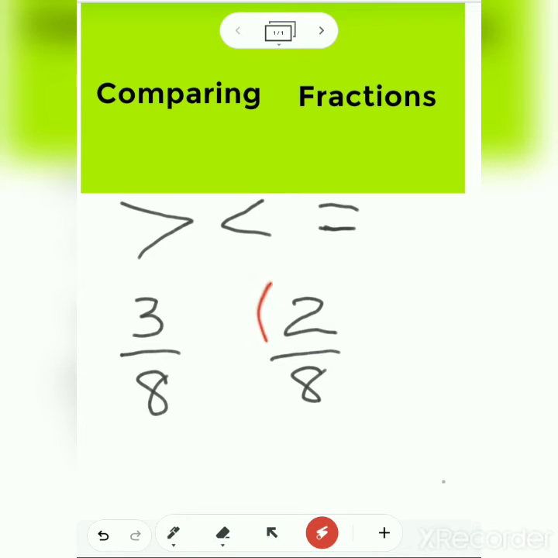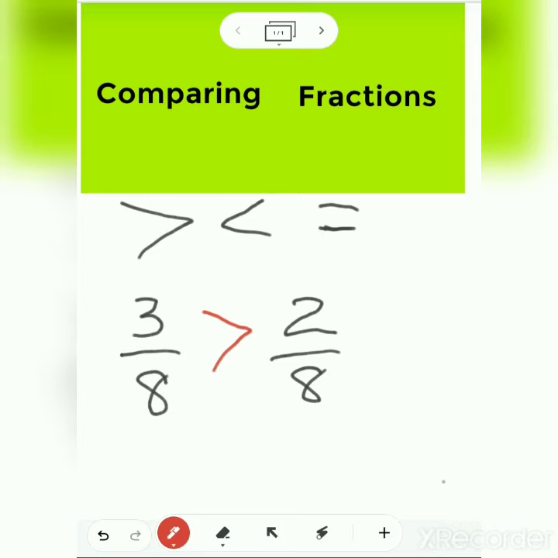So it means that we are going to ask ourselves if 3 is bigger than 2 or smaller than 2. Now we know that 3 is bigger than 2, and so we are going to use a greater than sign to show that 3/8 is greater than 2/8.